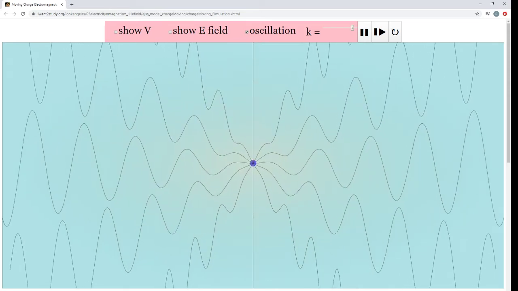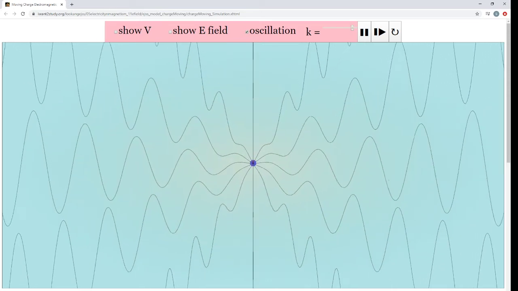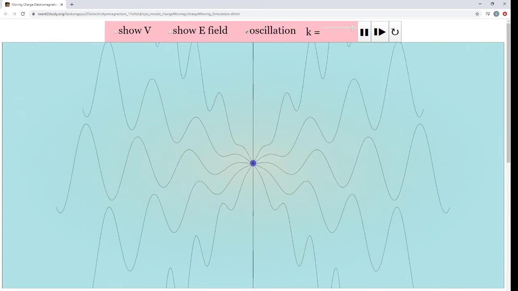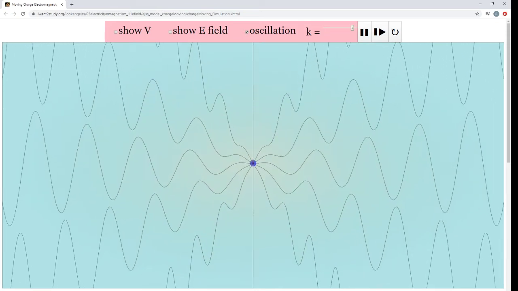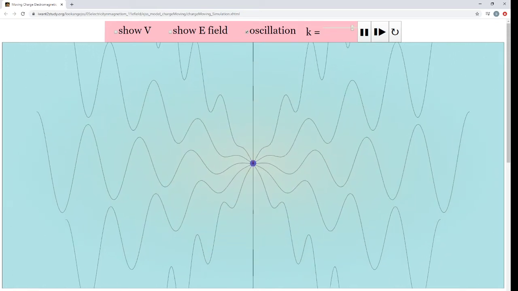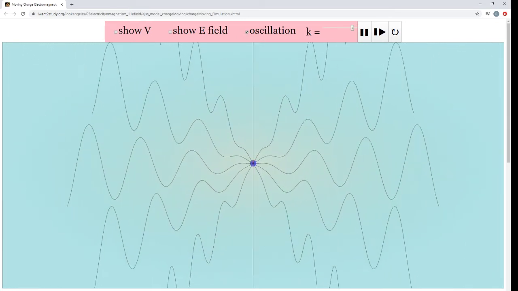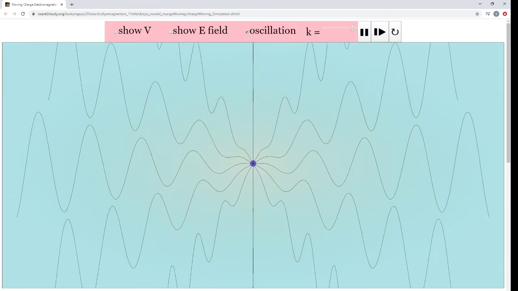Now, since every type of matter and everything that makes up matter in the universe, even your own body, contains moving charges, okay?